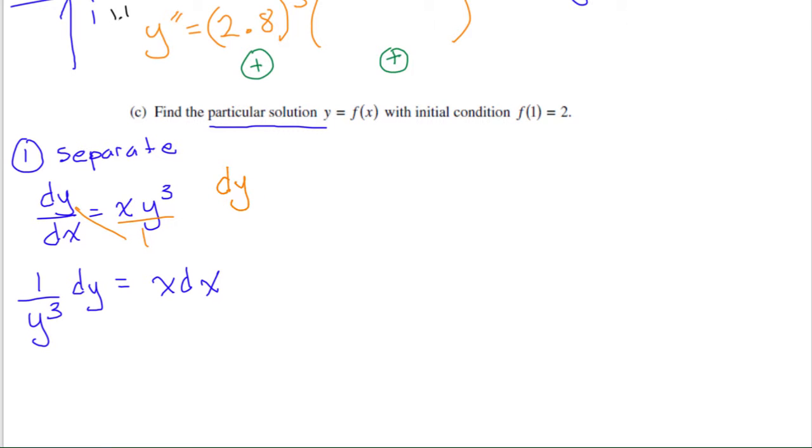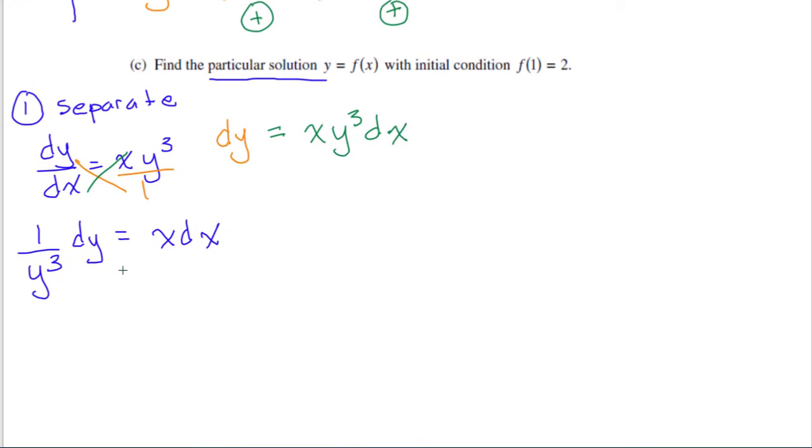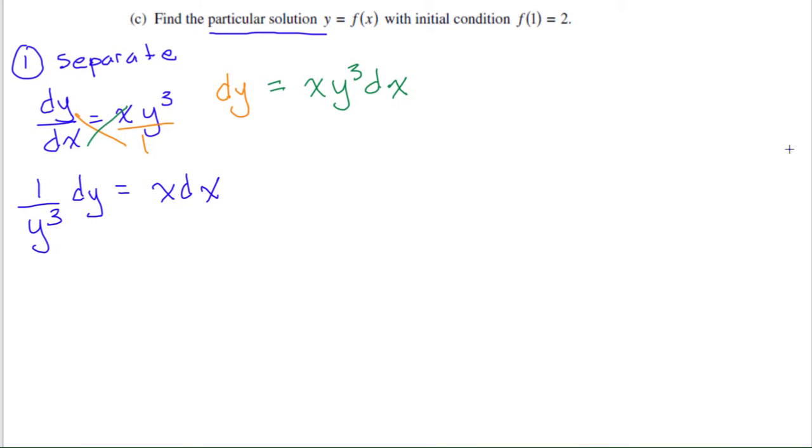All right, I'm going to do it the other way. dx times this one is xy cubed dx. And then I want to separate the variables. I have a y here, and it needs to be over here because that's where all the y's belong. So I have to divide both sides by y cubed, and I get this line. Okay. Yeah. I don't know why that was so complicated. No, it needs some refreshing, I think. Cool. Done. That was step 1.